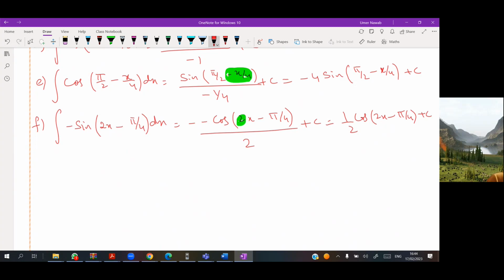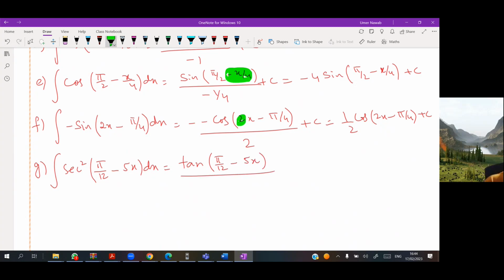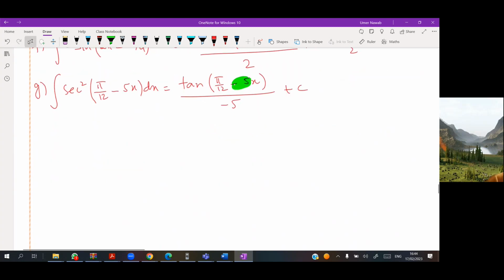I go to the G part. Secant square of pi over 12 minus 5x. Integration of secant square is tan of pi over 12 minus 5x. What is the coefficient of x? Minus 5, plus c. G is done.